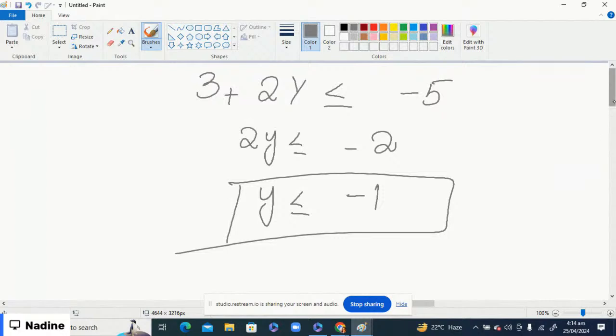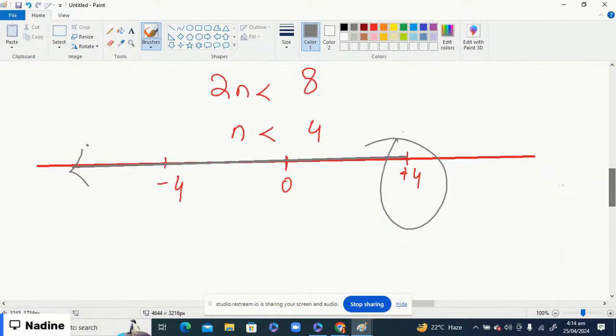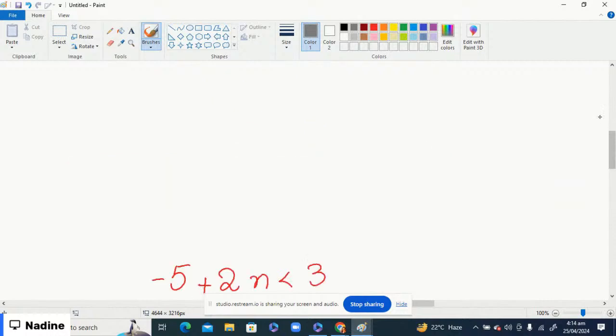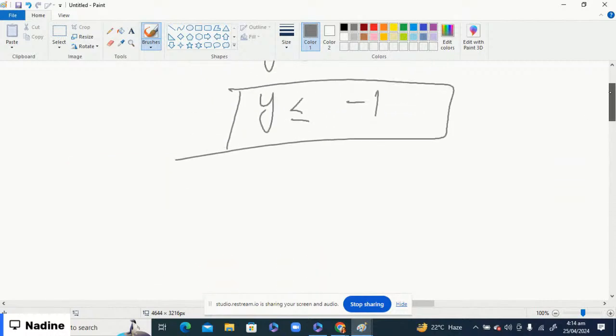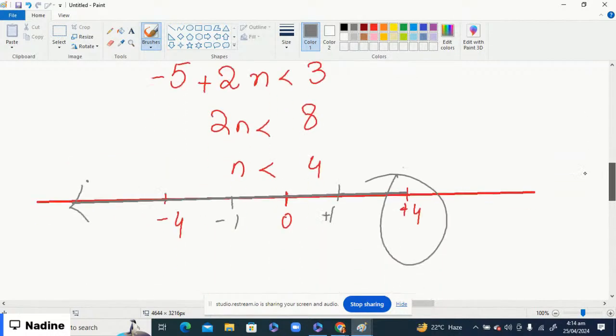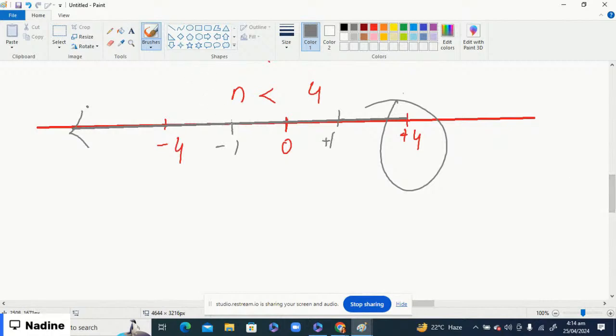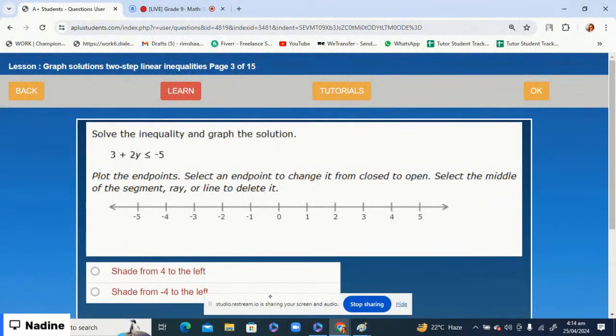It means that, for example, if this is your number line, here is positive 1 and here is negative 1, and your question is basically about equal to or less than negative 1. Less than negative 1 means it also moves to the left side. So we're going to shade.